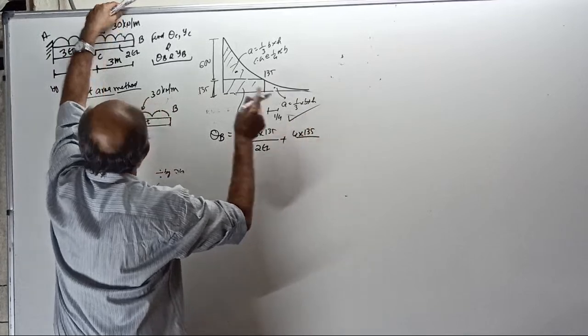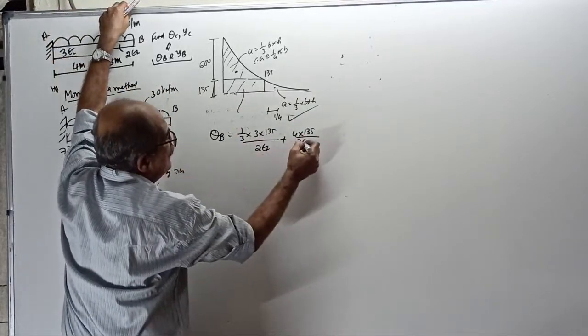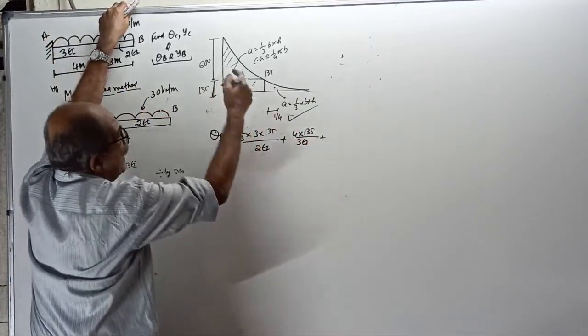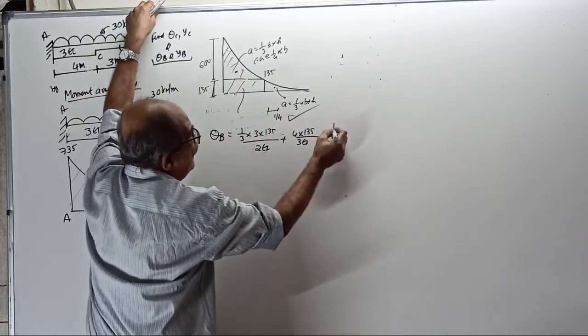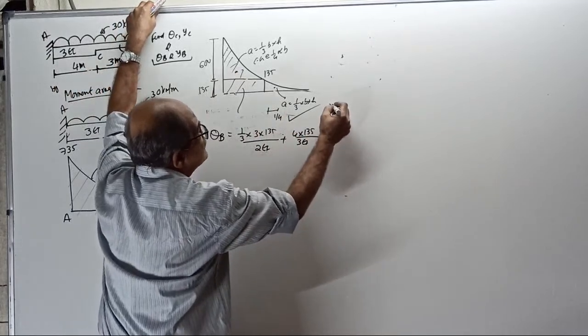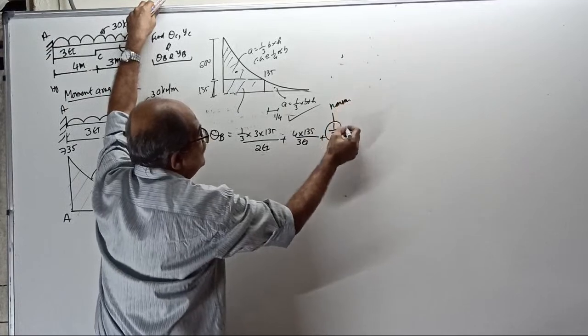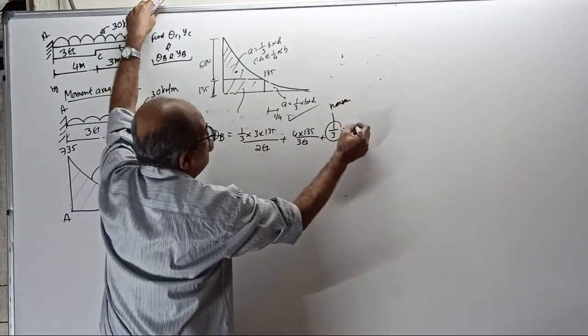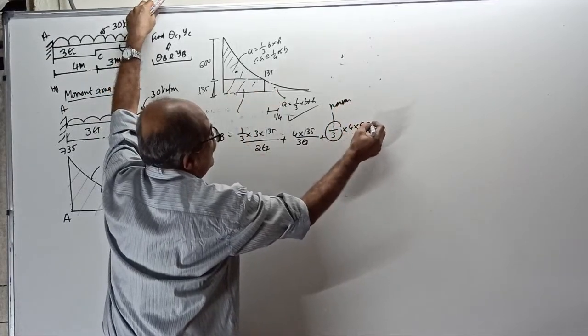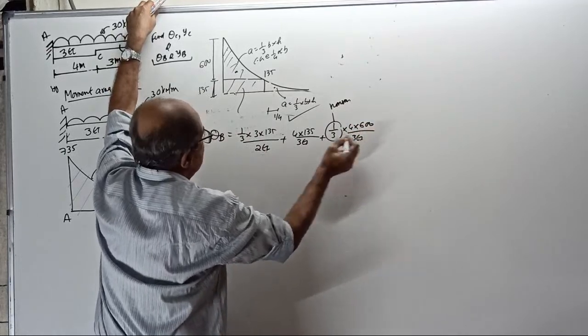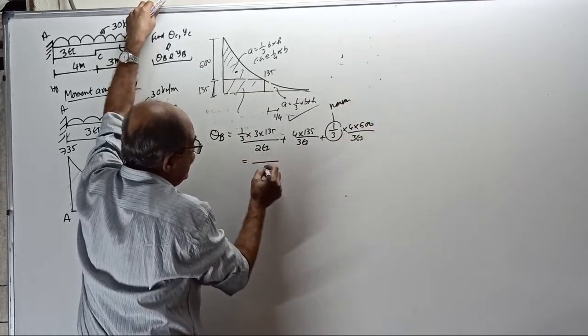That they will divide by 3 EI. Plus one more parabola. This is correct. They will take 1 by 3. Nonsense. 1 by 3 of 4 into 600 divided by 3 EI. Just tell me what theta B they will get.